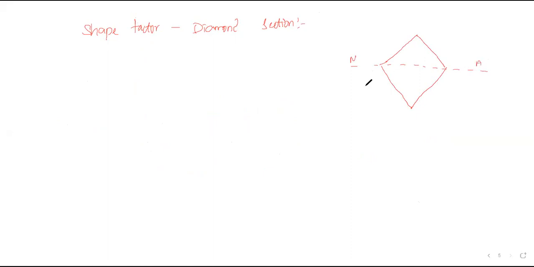The breadth of the section is said to be B, and the total height of the section is said to be small d. With respect to the neutral axis, the section is divided into two, top and bottom, at a height of d by 2 each. Now the centroid of the first section is y1 bar from the neutral axis at the top. The second section centroid lies at a distance of y2 bar from the neutral axis.